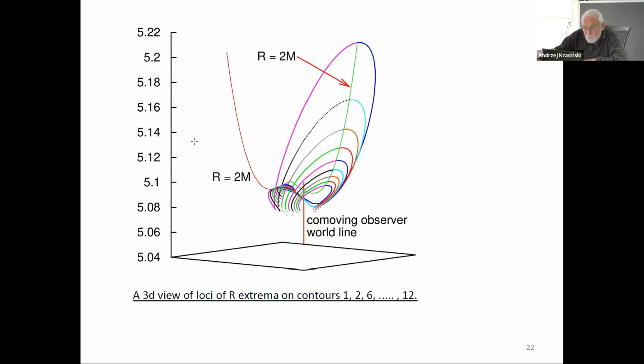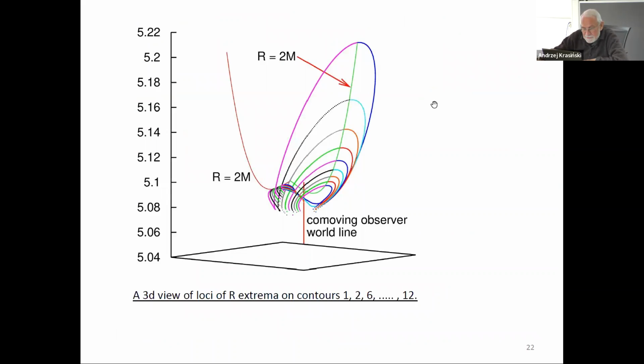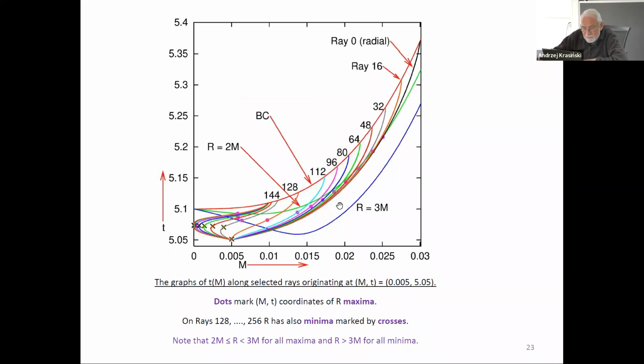Okay, this is the view direction in the next figure, and this is how this surface looks when projected. The horizontal axis is still m, and the vertical axis is now time. Now, this graph is an illustration of what I said before.